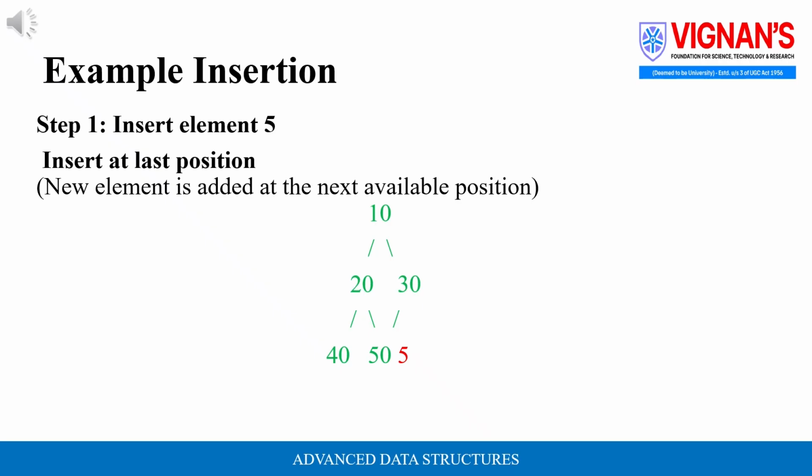After insertion, the heap contains the elements 10 at the root, 20 and 30 as its children, 40 and 50 as the children of 20, and 5 is placed at the last position, shown in red. At this stage, the min heap property may not be satisfied, so further comparisons and swaps will be performed in the next steps.